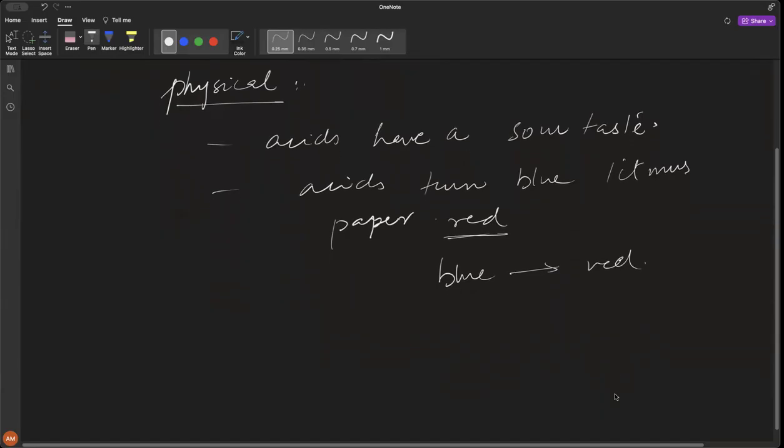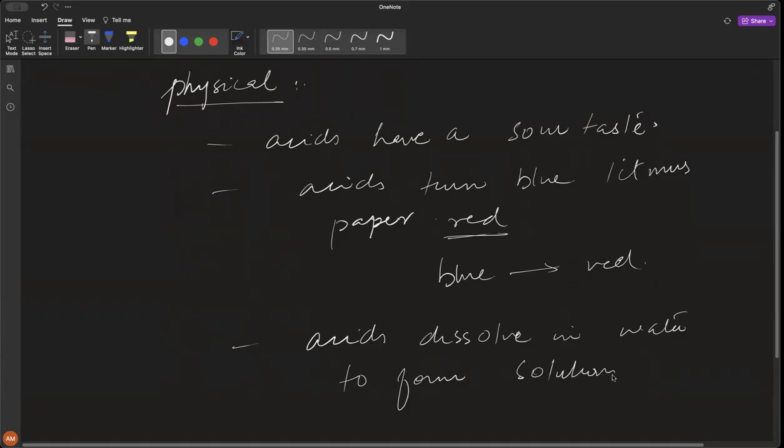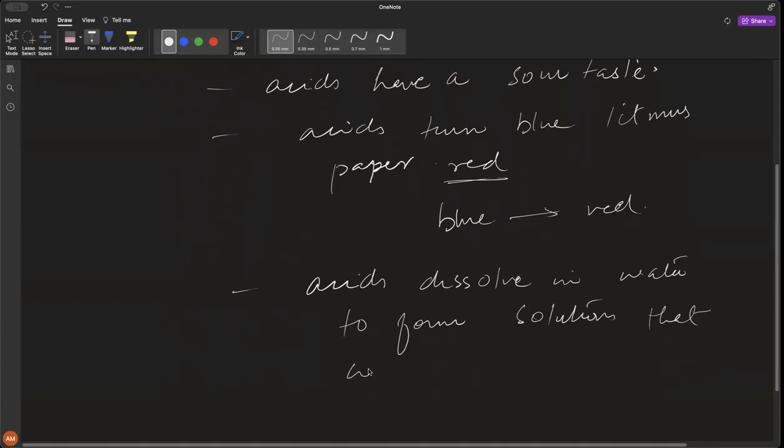And they conduct electricity. Acids dissolve in water to form solutions that conduct electricity.